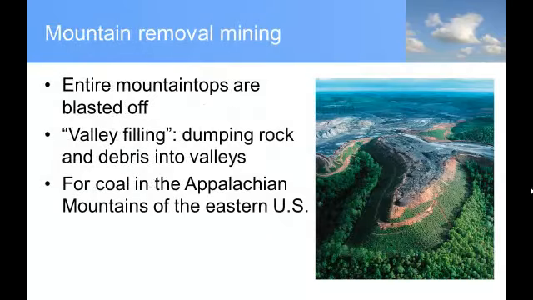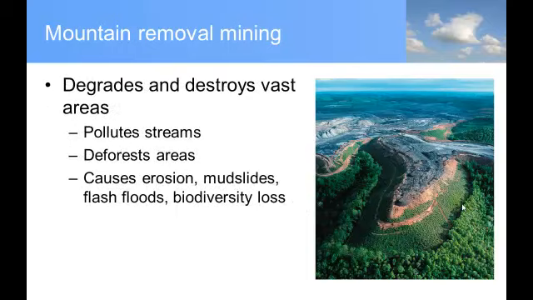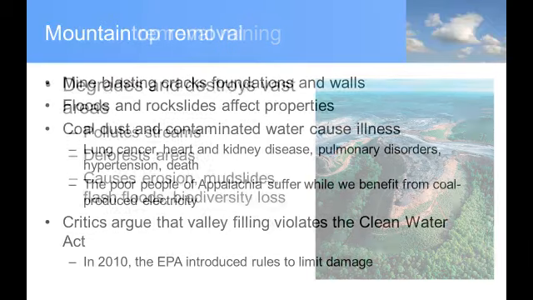Mountaintop removal is pretty much only done in the Appalachian Mountains to mine for coal. And this is where they use explosives to just blow the top off the mountain and then dump the debris into the valleys. It has a lot of impact on the area. It causes water pollution in the streams. Of course, deforestation. It can cause erosion, mudslides, and biodiversity loss.